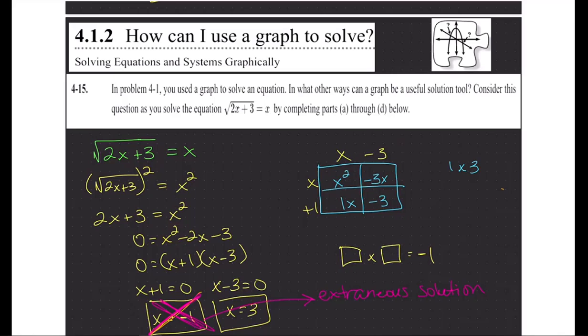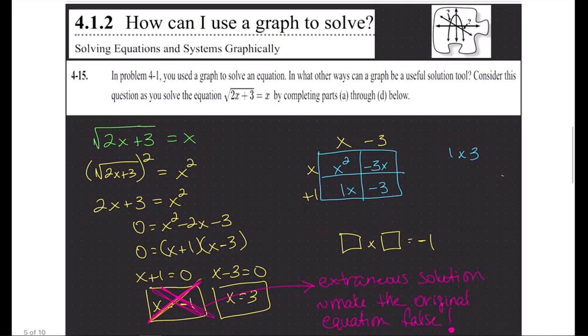But when we go back to the original problem, that negative 1 doesn't make sense, right? So these guys, they make the original equation false. Oh, it doesn't even show very well. Whoop, there we go. Okay.